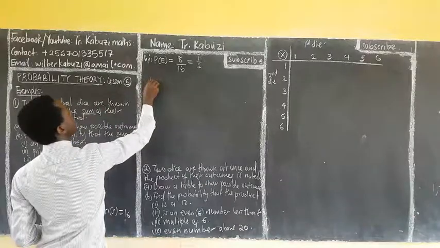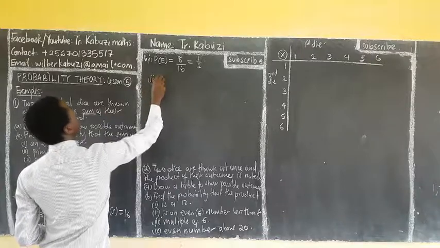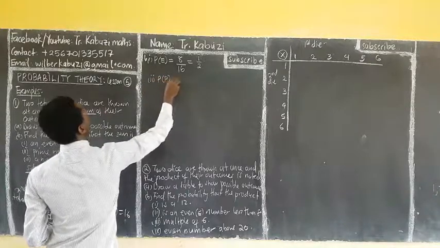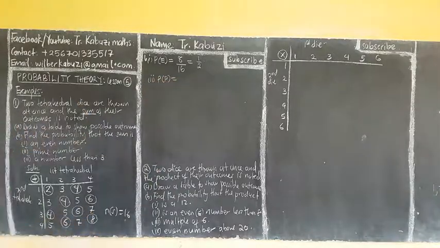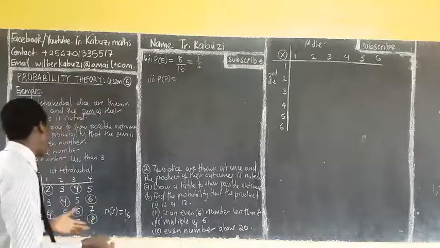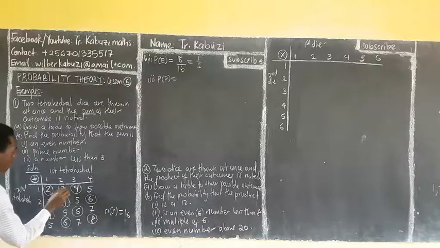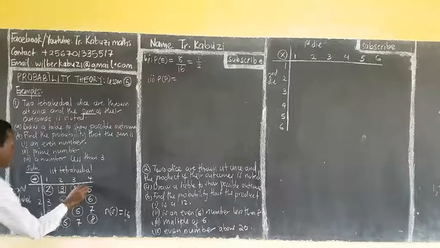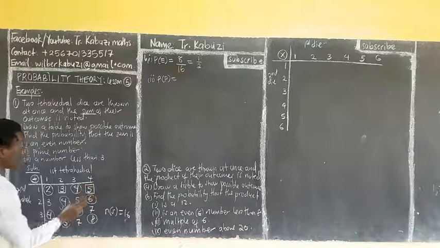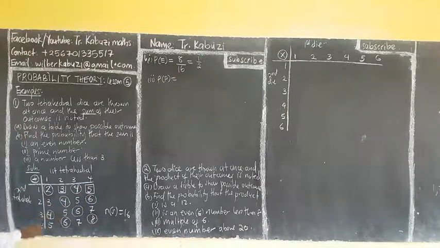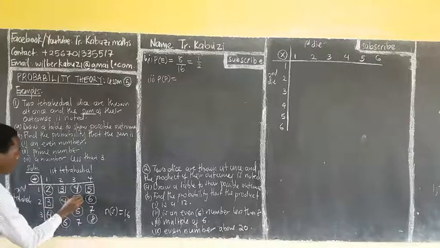When I come to Roman numeral 2, a prime number. Let me see prime numbers. Prime numbers are numbers that have two factors, 1 and itself. So let me now put them in boxes. That's a prime number. This is a prime number. This one is also prime. Prime.